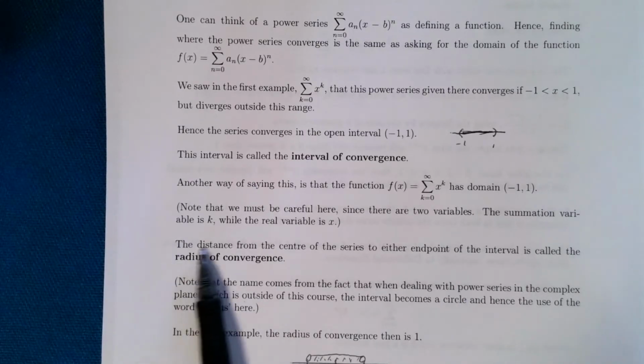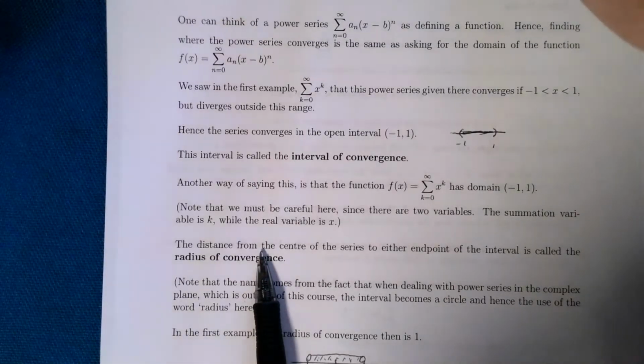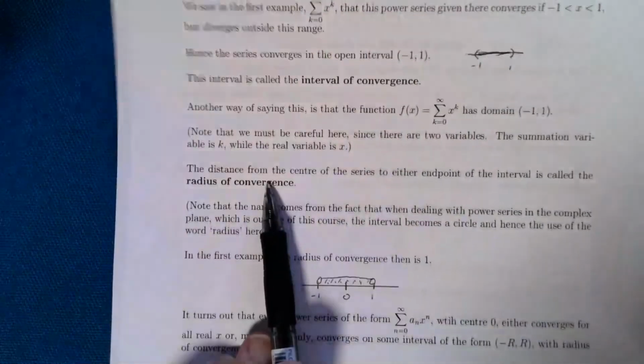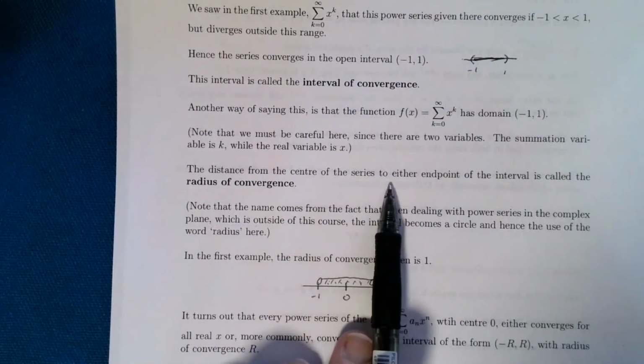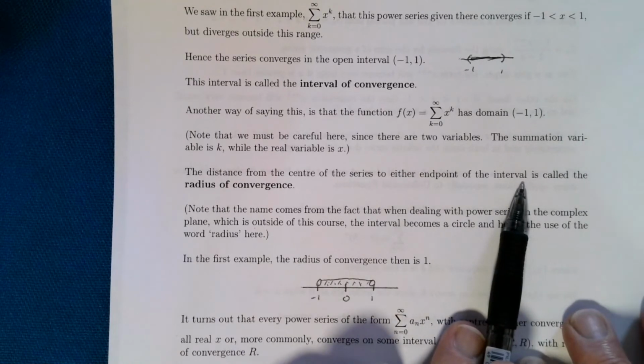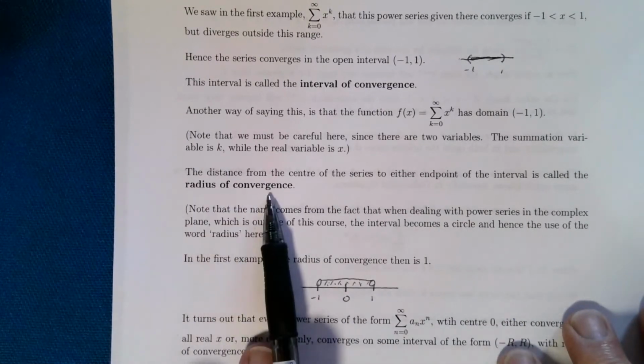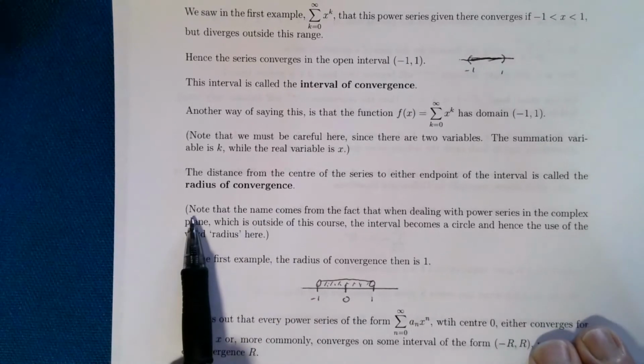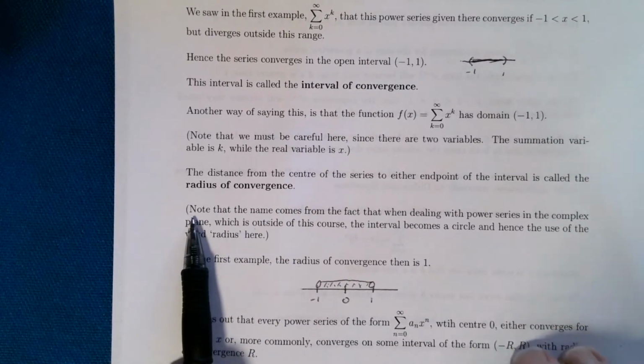Now, to get some more language and notation going here, the distance from the centre of the series to either endpoint of the interval is called the radius of convergence. Why are we talking about a radius when it's an interval?